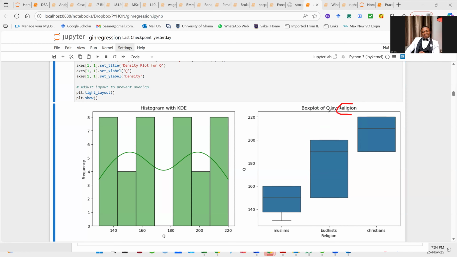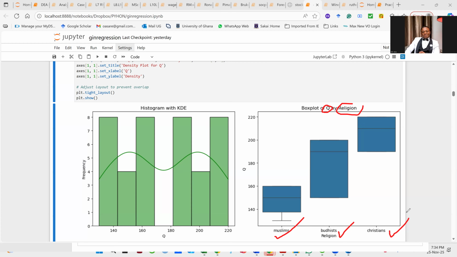And I have 3 different religions. I'm comparing the quantity demanded of each one of them. When you look at the graph, these are Muslims, these are Buddhists, and then you have the Christians on the far right. The question is, which one of them consumes a lot?